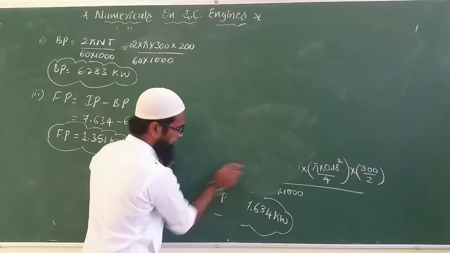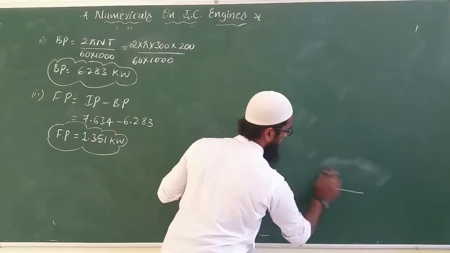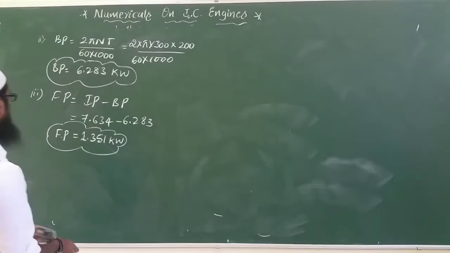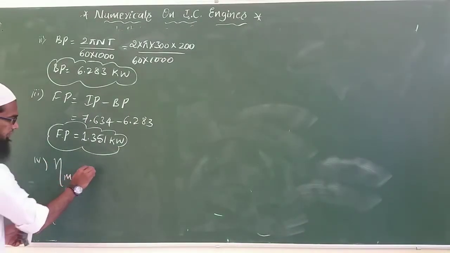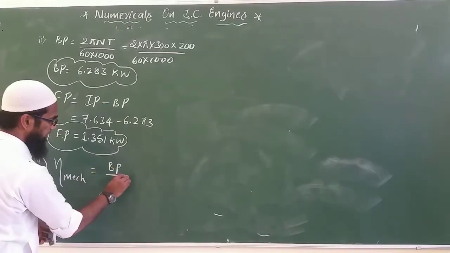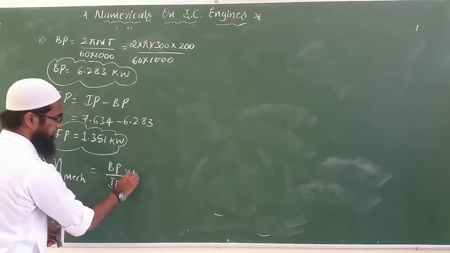Now we move on to the next term. The next thing is we have to find out the mechanical efficiency, the fourth one. Mechanical efficiency is given by brake power by indicated power.